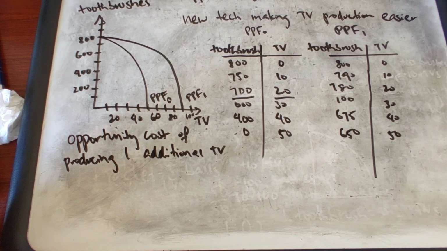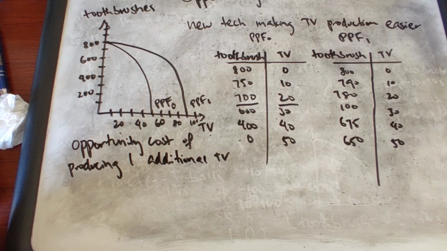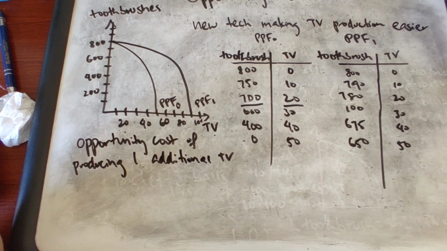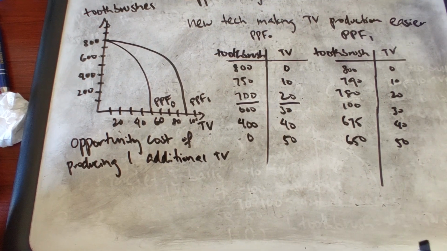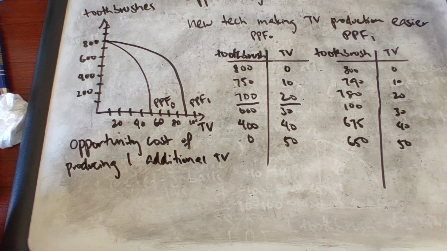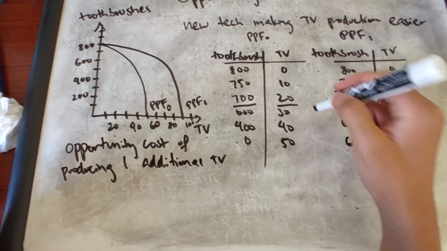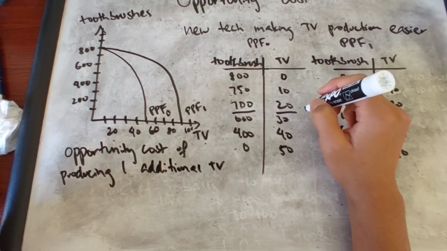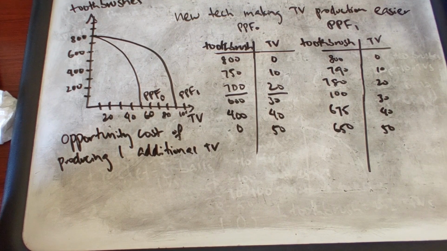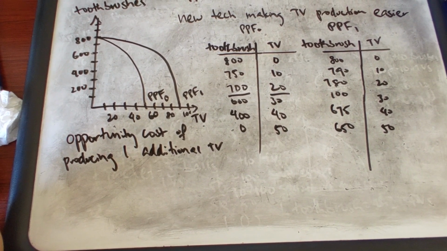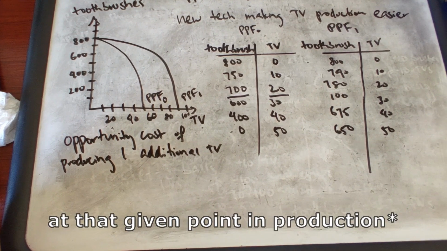So in this case, we're trying to find how much value one additional TV is in terms of toothbrushes. So for example, one additional TV could be worth two toothbrushes or 3 toothbrushes, and that's what we're trying to find here. So when we want to produce one additional TV, what we're really trying to find is the ratio between one TV and how many toothbrushes is worth the same value as that one TV.